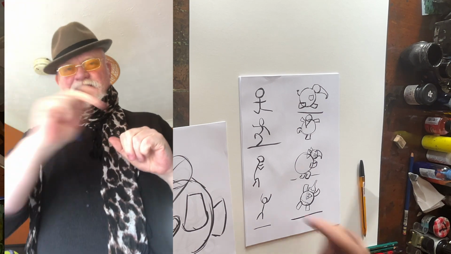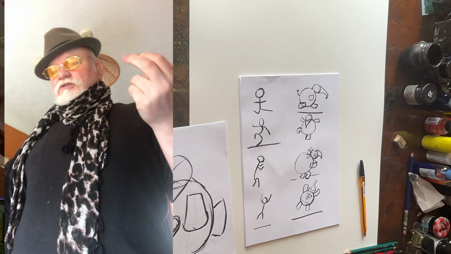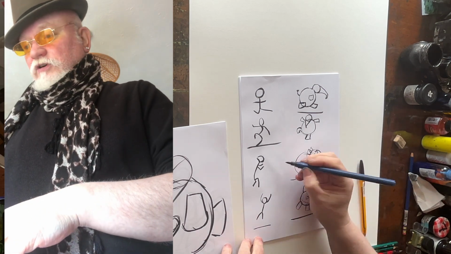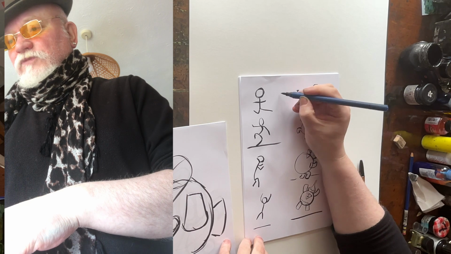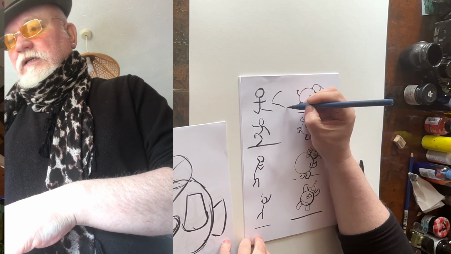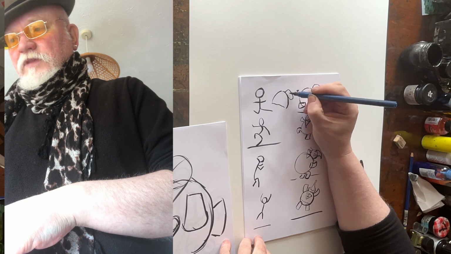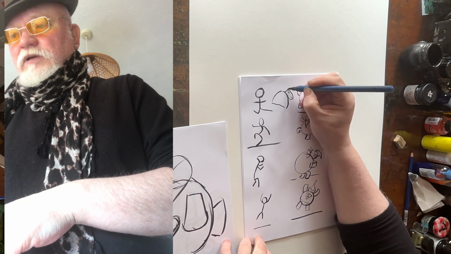What happens if we did a stick figure and we wanted to draw... What did we do before? We did a goat. Okay, so we've got a running goat. So we did our dome. And we did our goat's face. There he is. And we did his big long horns.